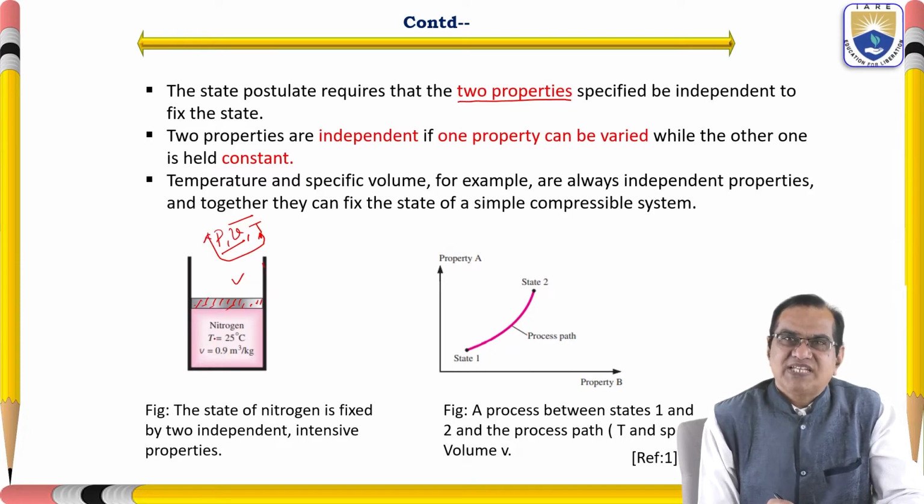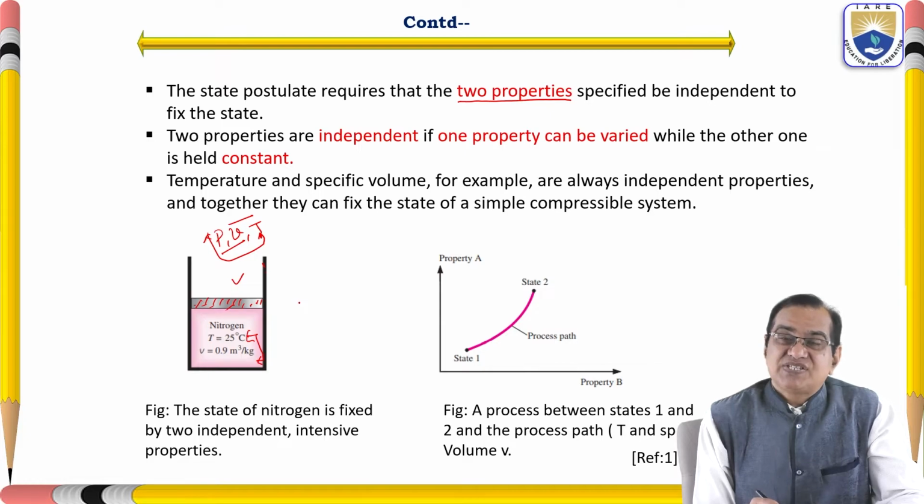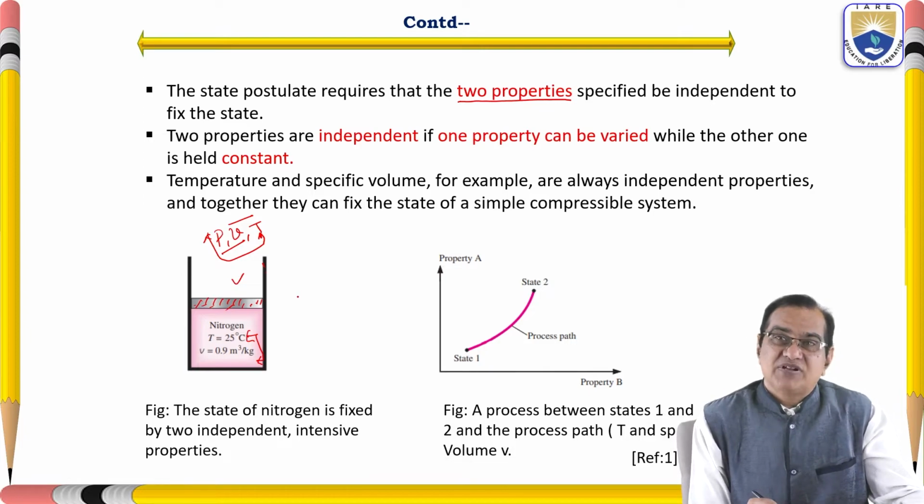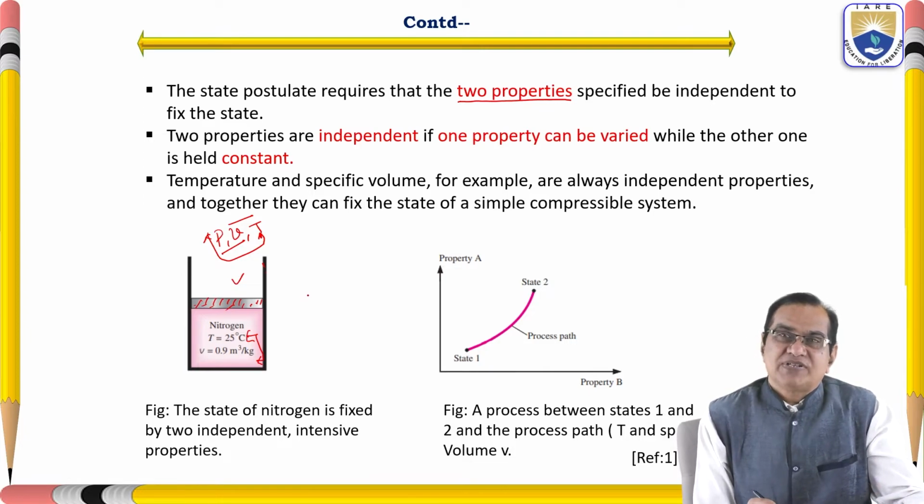Here I have taken T equal to 25 degrees centigrade and specific volume v equal to 0.9 m³/kg. If you know these two properties, the remaining ones you can find from thermodynamic relations or by using tables: steam tables, air tables, nitrogen tables, ammonia tables. All types of tables are available, and you can find these things directly.